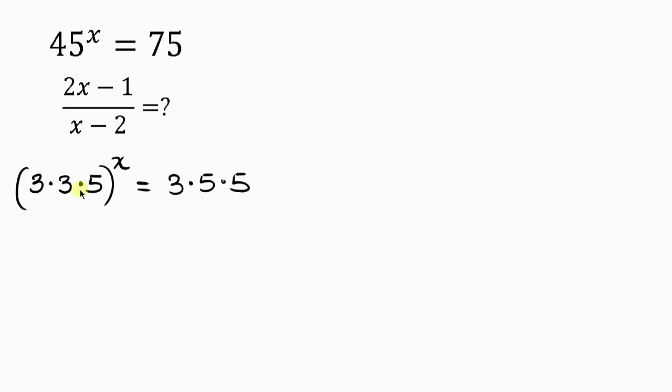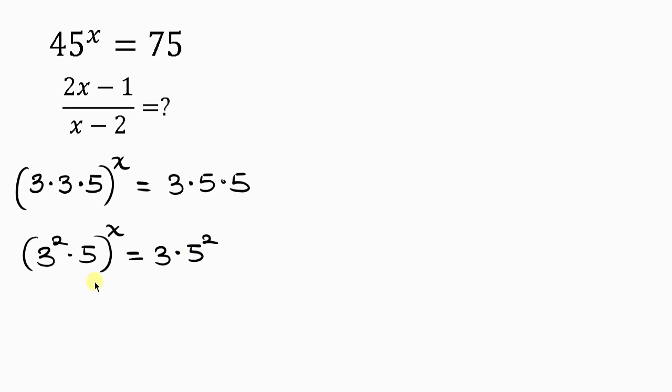So this simplifies into 3 times 3 is 3 squared times 5, and this is raised to the x, equal to 3 times 5 times 5, which is 5 squared, so we're going to multiply this by 5 squared.